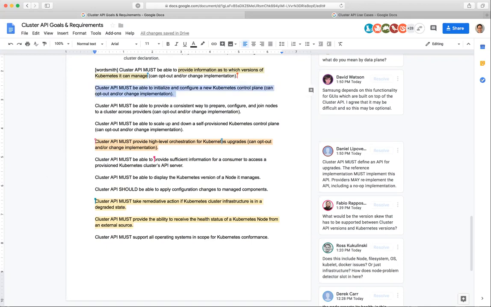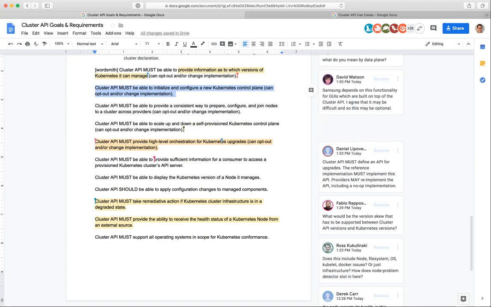Must be able to initialize and configure a new Kubernetes control plane, again with swappable implementations. So the thinking here is most likely decoupling machines from configuration of what's on there, and maybe we have some config API.